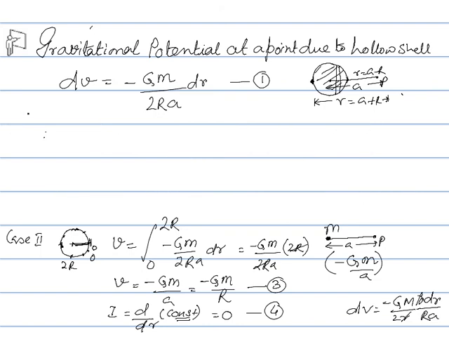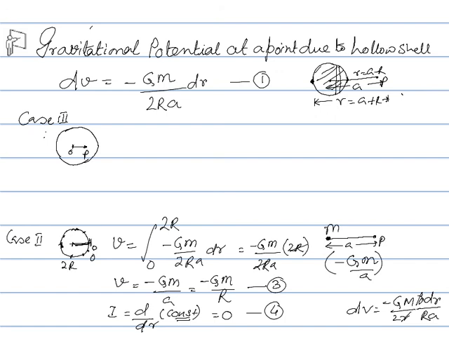Now case 3, we will find potential at a point inside the shell. So suppose this is the shell and we have to find out potential at this point. Say the point P is here. So this is the distance of this point from the center of the shell.